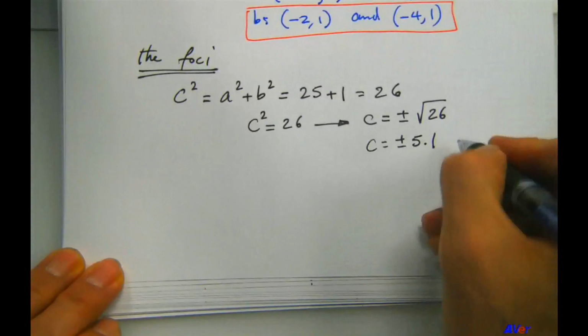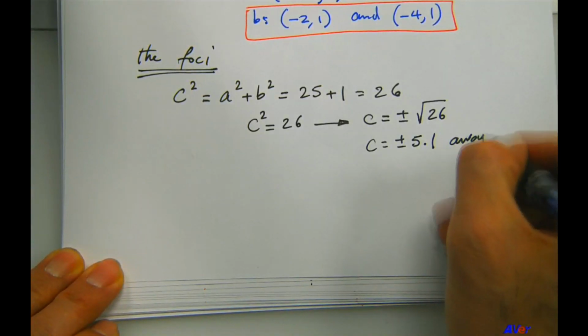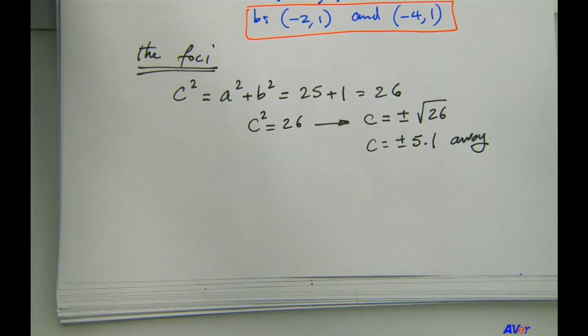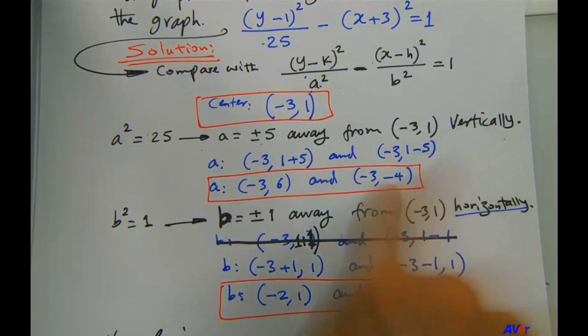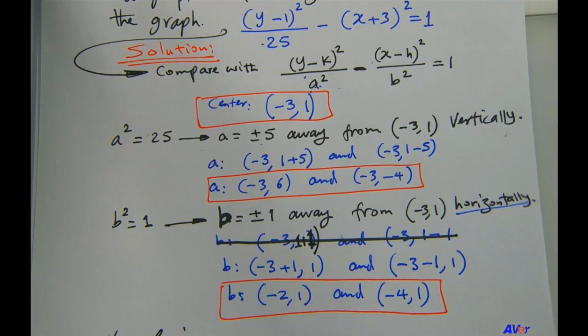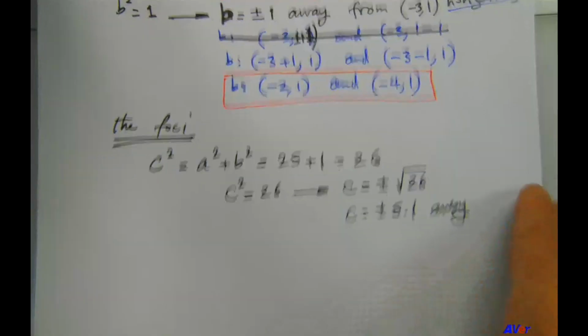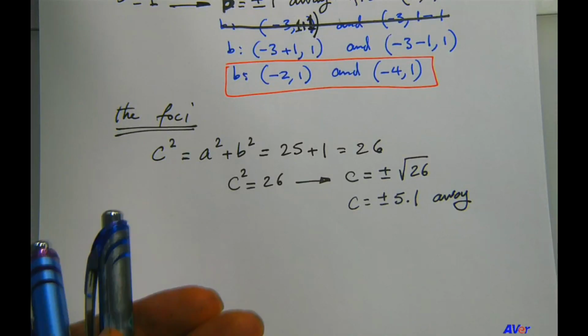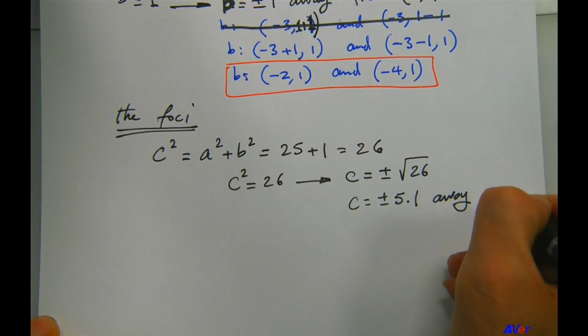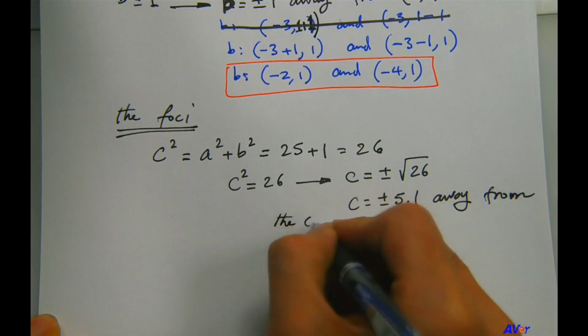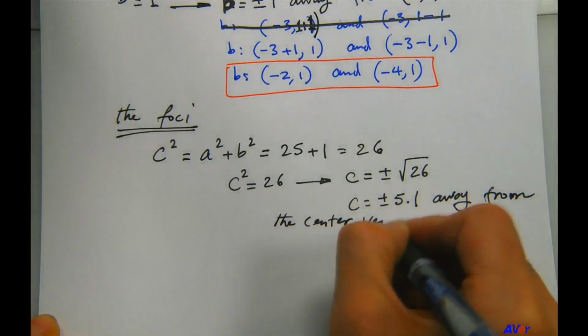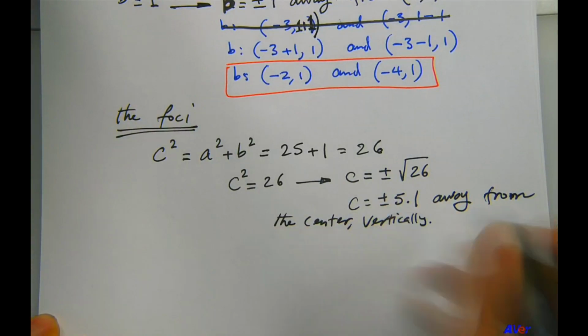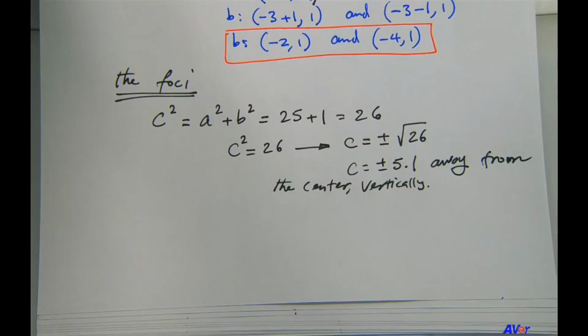Now the focal points are along the same axis as the vertices are. So the vertices, we decided, were vertical. So this is plus or minus 5.1 away from the center, vertically. Okay, so let's find them.